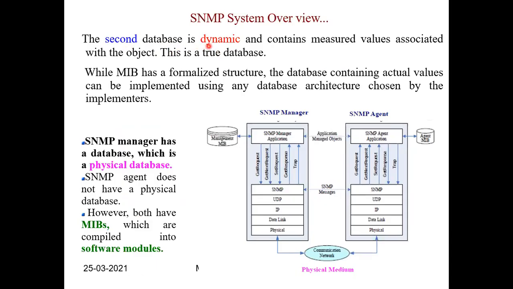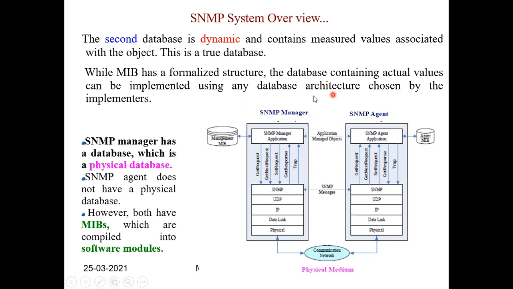The second one is a dynamic database, and it contains measured values associated with the object. This is the true database. So MIB has a formalized structure. The database containing actual values can be implemented using any database architecture chosen by the implementer.